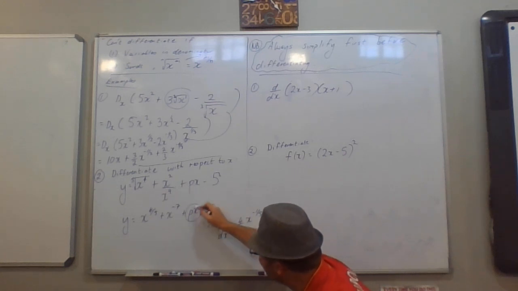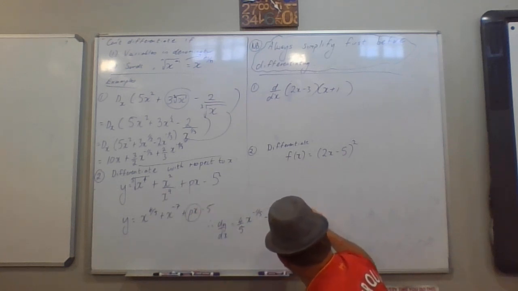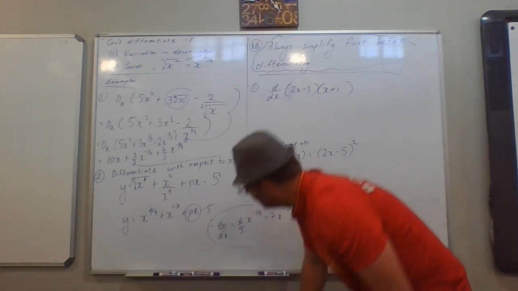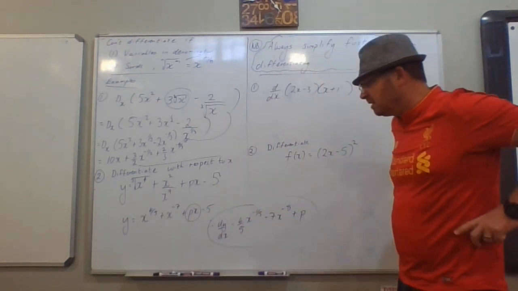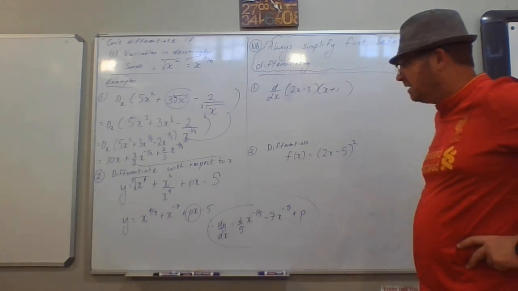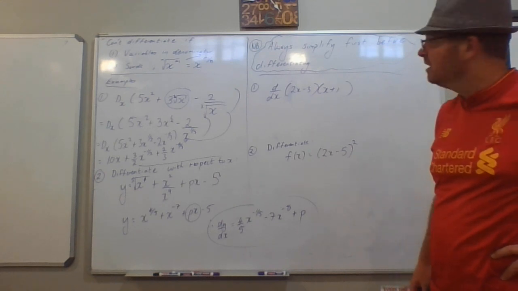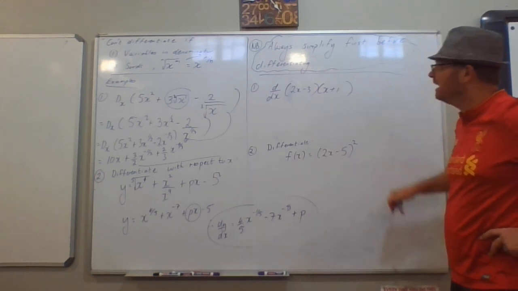Now the derivative of px, p behaves like a constant, so that's just p, and the derivative of negative 5 is 0. The derivative of a constant is 0. So I get 4 over 5 x to the negative a fifth minus 7 x to the negative 8 plus p, and there is my solution over there.